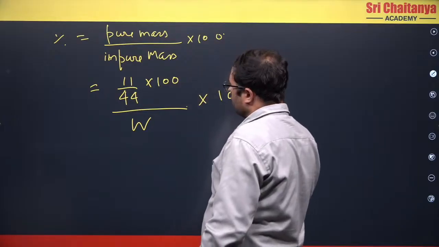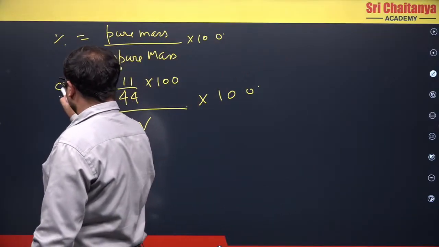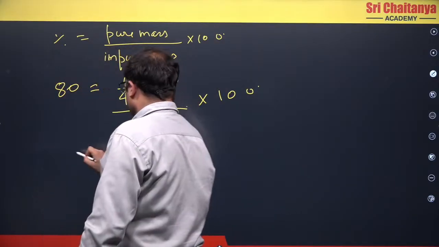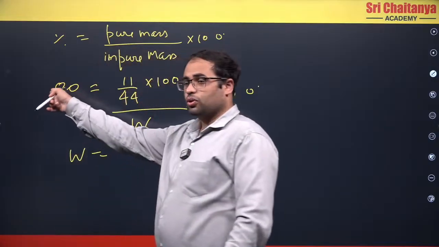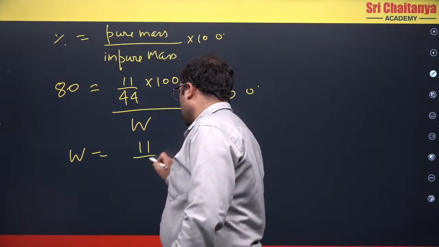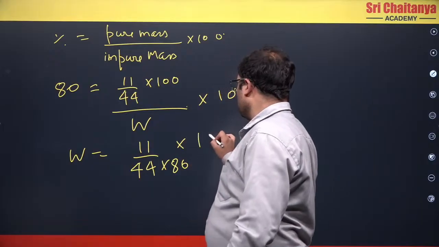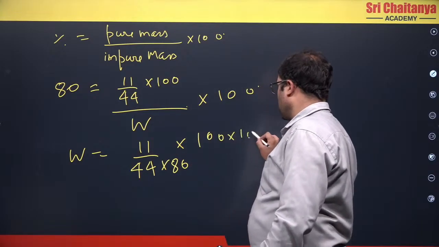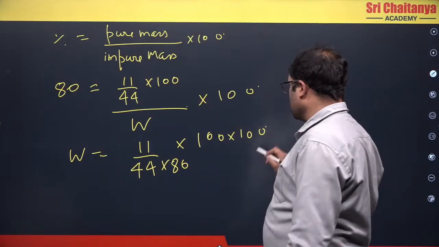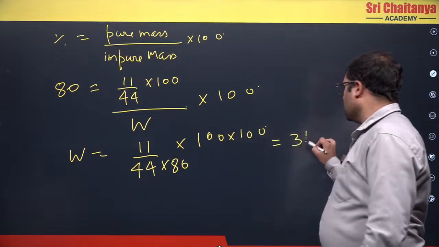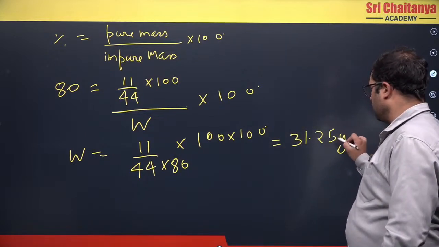Percentage purity is 80%. So we take this to this side, bring this to this side. The equation becomes 11 by 44 into 100 into 100 by 80. If you solve this, the value will be around 31.25 grams.